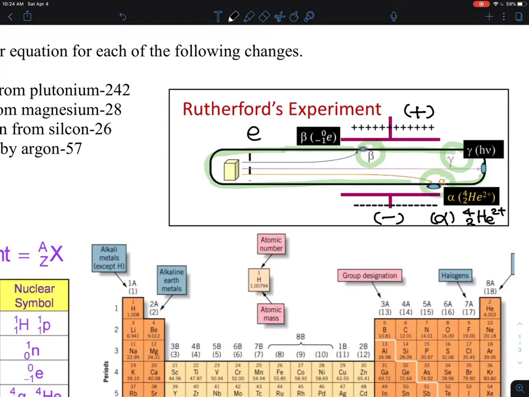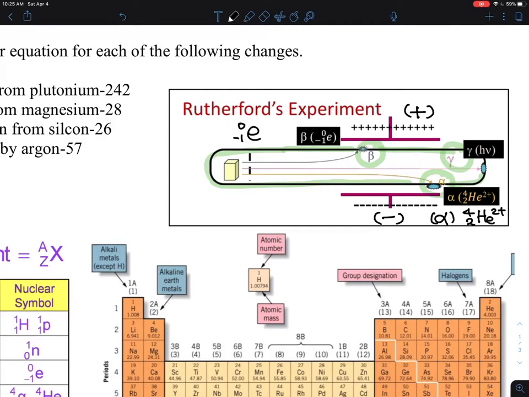Instead of using the number of protons, it's almost like an imaginary number, so it's -1. You can think of it as a charge. And the mass, although an electron has a mass, compared to the nuclei, neutrons and protons, it weighs nothing, so we just put it as 0.